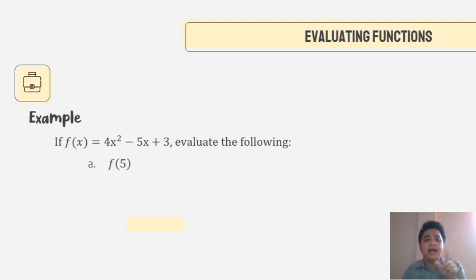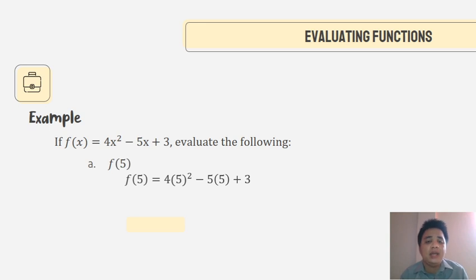Now, tandaan, the value of x is 5. At ang rule, ang sabi, lahat ng x doon sa ating function ay papalitan mo ng value, which is 5. So, anong gagawin? Para makuha ang f of 5, just simply substitute all x by 5. Papalitan lahat ng x ng 5.